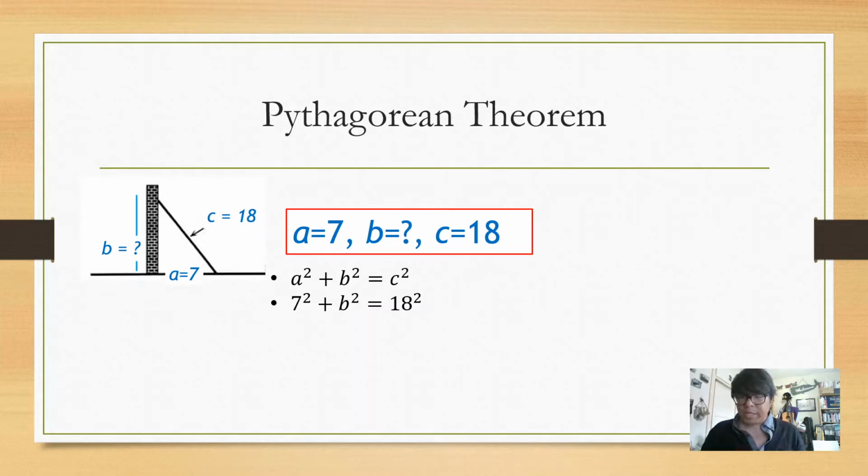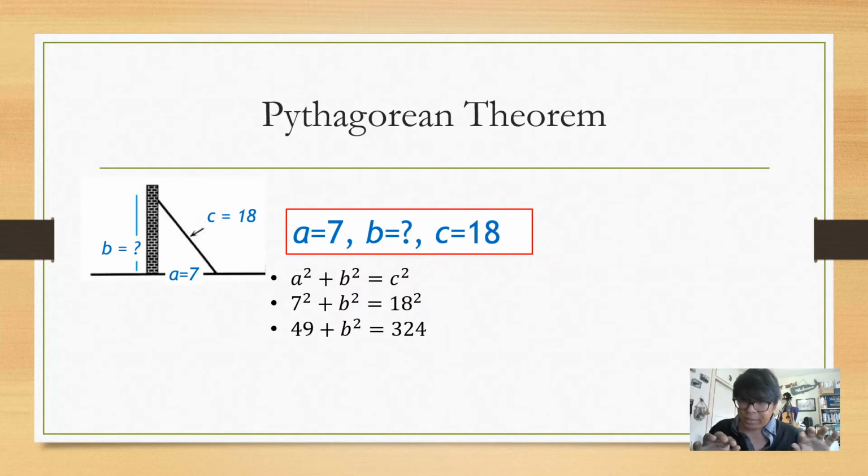Perform some arithmetic that you need to. 7 squared is 49. 18 squared is 324. I had to look that up. I don't know this 18 squared off the top of my head. Algebra. I need to, oops, forgot to square B over there. Okay, algebra, I need to subtract 49 from both sides because I'm solving for B, and to solve for B, I need to get B on its own side of the equal sign.